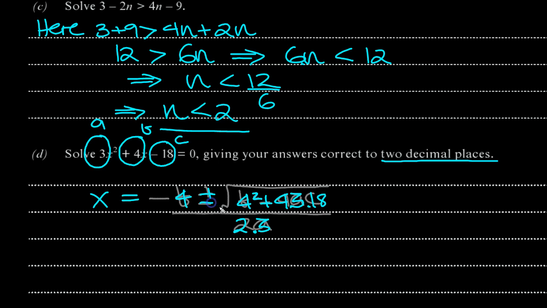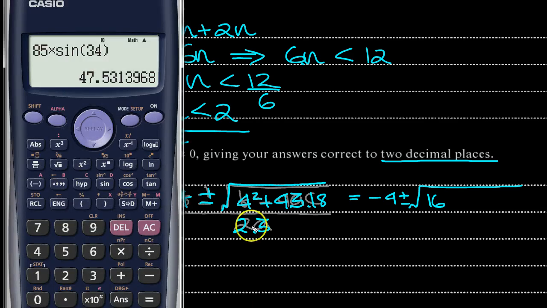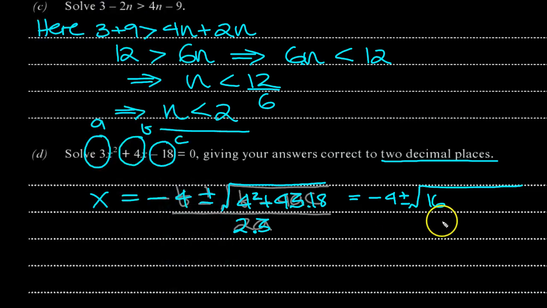So there's the answer then. I hope you can read it, but we'll tidy it up now. It's minus 4 plus or minus the square root of 16, and then 18 times 3 is 54. 54 times 4 is 216. Let's just check it in the calculator. 54 times 4 is 216.